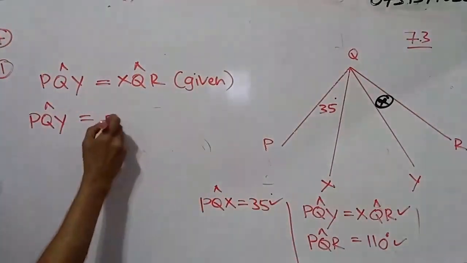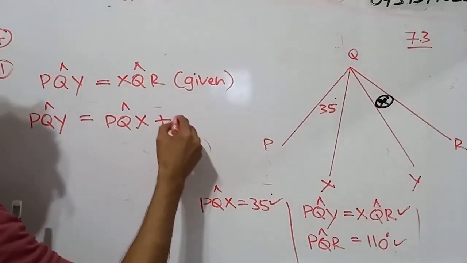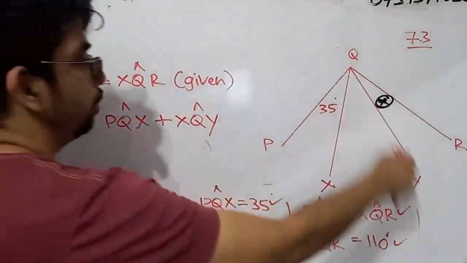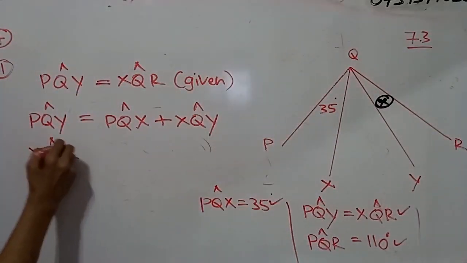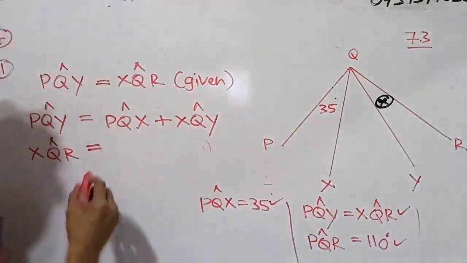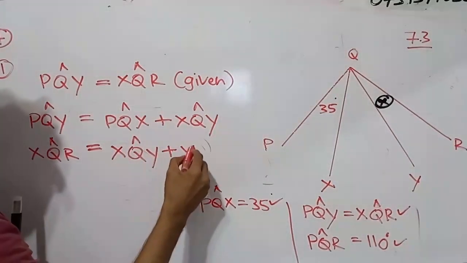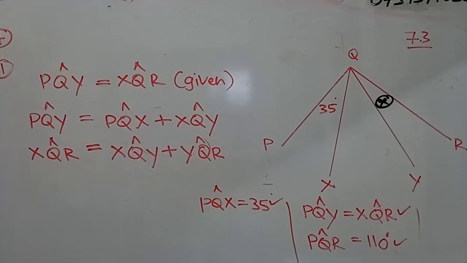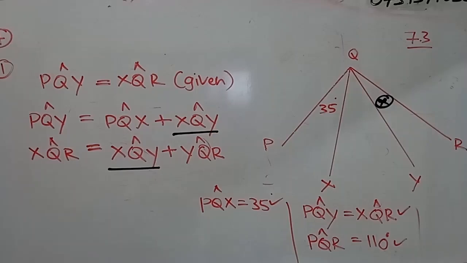PQX plus XQY. This whole angle means this angle plus this angle. The same goes for XQR. What is that? These two angles: XQY plus YQR. So here you can see we have a common angle in PQY and XQR.